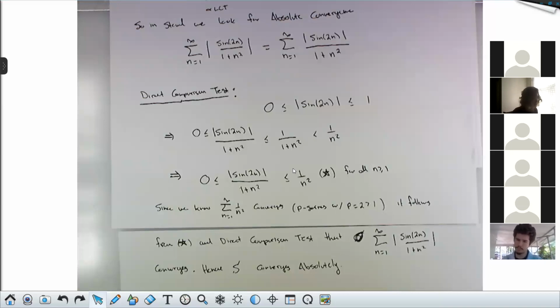On a test, that's a 2-point mistake. If you do everything else right, it's still 8 out of 10. But to get full credit, you would need to acknowledge that the thing you're working with does not have all positive terms, and then attack it sideways by looking at the absolute value series instead.